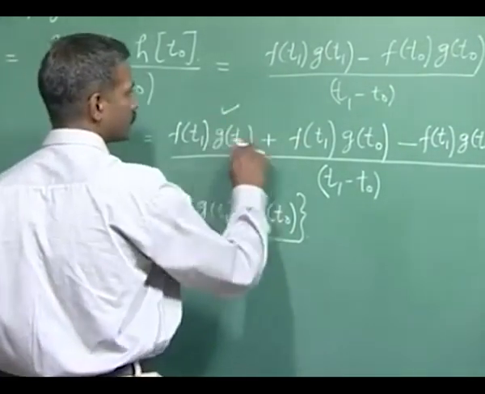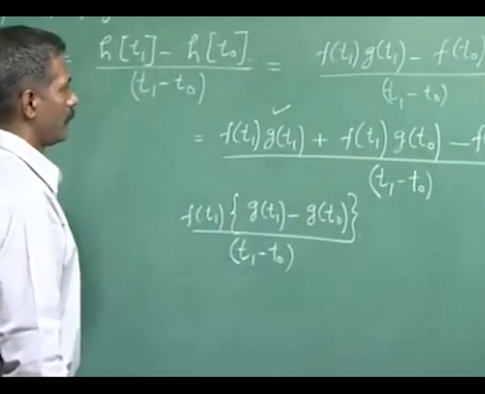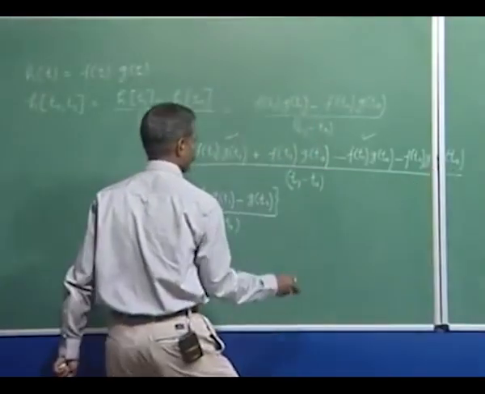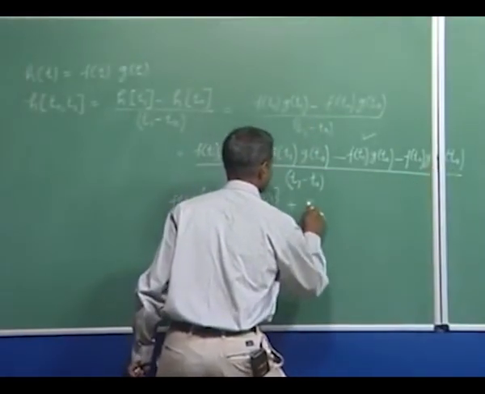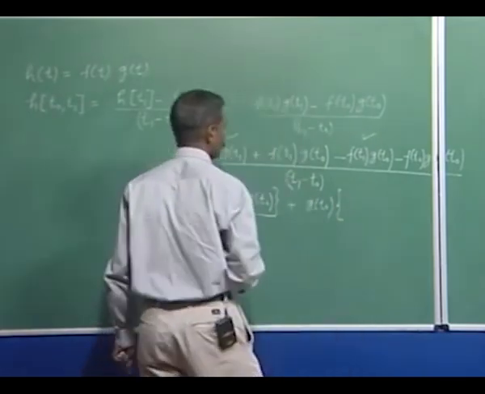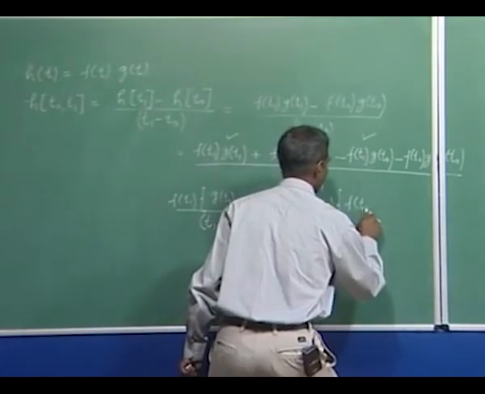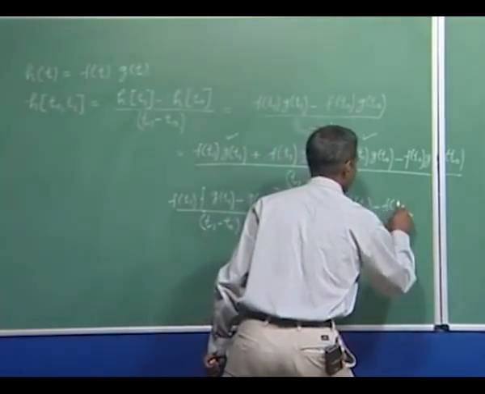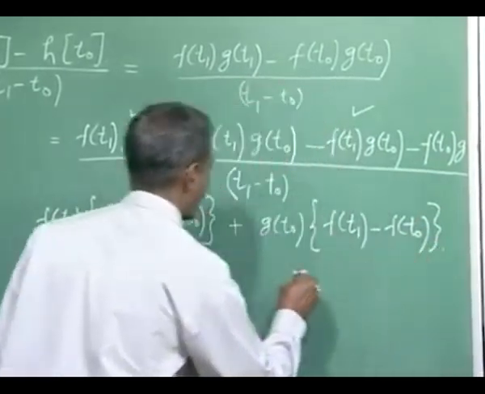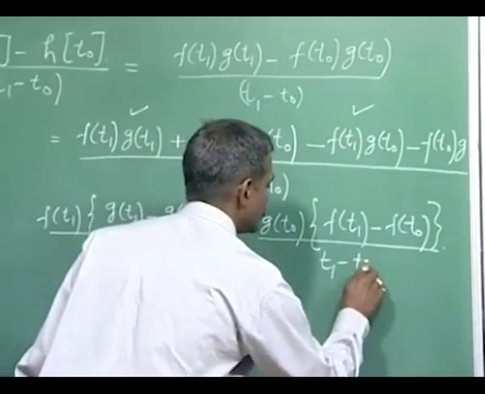I've taken care of this term and this term, and here I have g of t0 common. This would be plus g of t0 times f of t1 minus f of t0 over t1 minus t0.